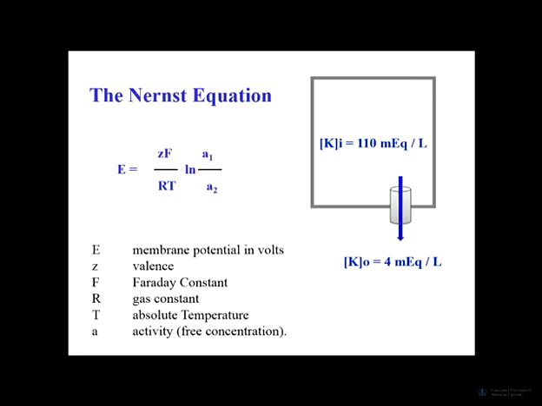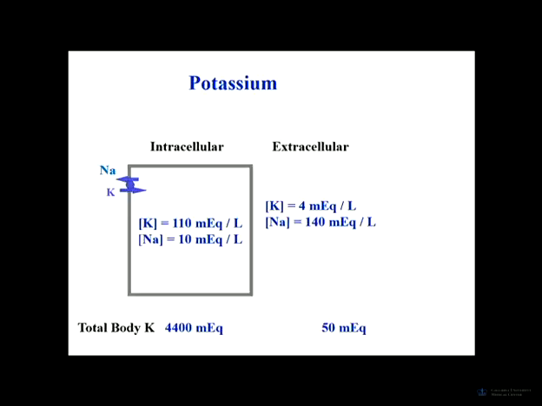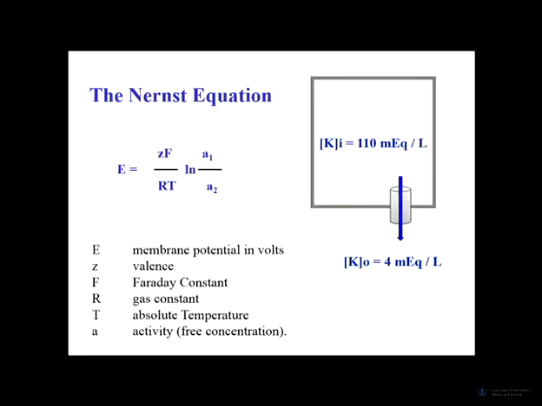So in most cells, the membrane potential is determined by that, and if you plug in the numbers I had here into this equation, and the constants are easy to look up on Google, you end up with minus 80 millivolts. So most of our cells are negative inside, at around 80 millivolts. We will talk a little bit about that, but we won't spend a huge amount of time on it.